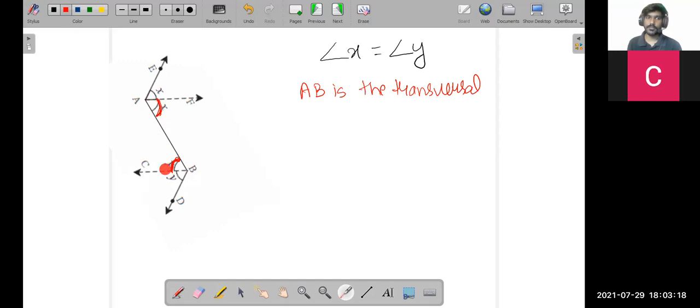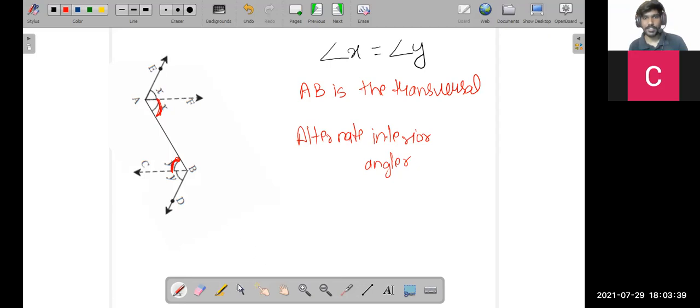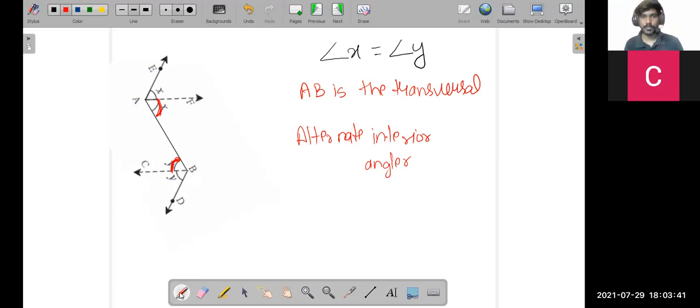These two angles are alternate interior angles. So since the alternate interior angles are equal, what can you say about these lines AF and BC? They are parallel to each other.